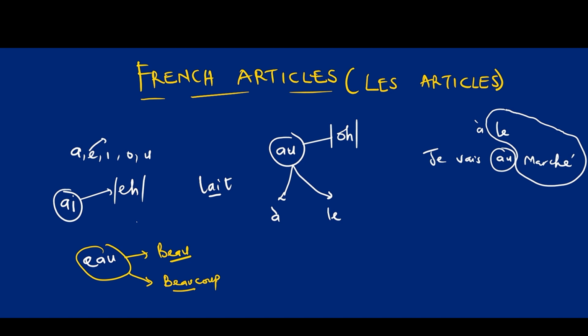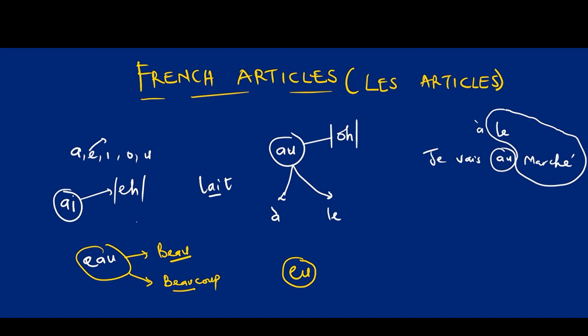E can also be combined with U. This is pronounced "eu", as if you want to pronounce "o", but the O is not really rounded all the way through.